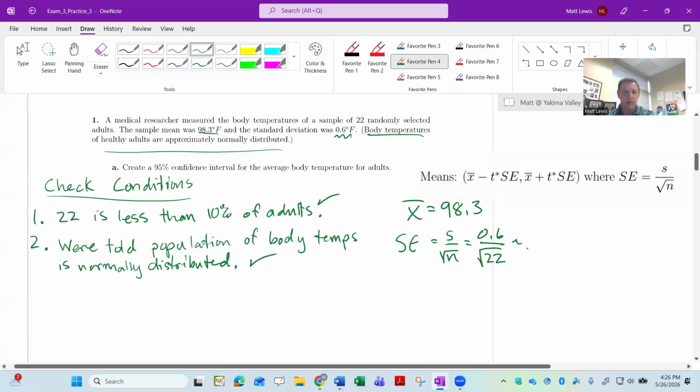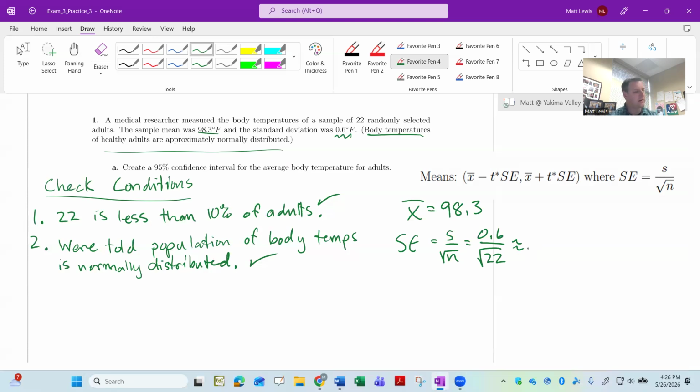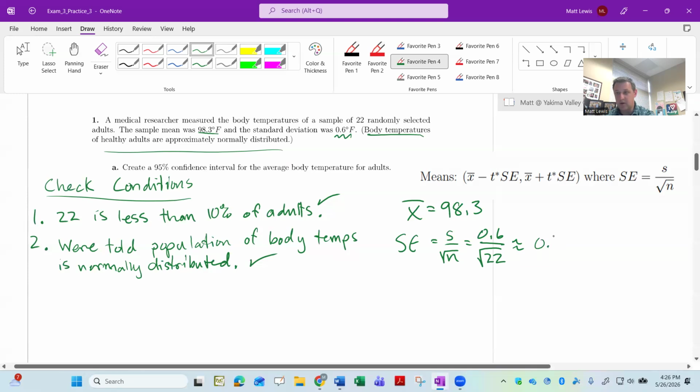So our standard error is approximately what in this case? Let's see. I didn't bother to actually calculate that. So let's do that right now. So 0.6 divided by square root of 22. So 0.1272.